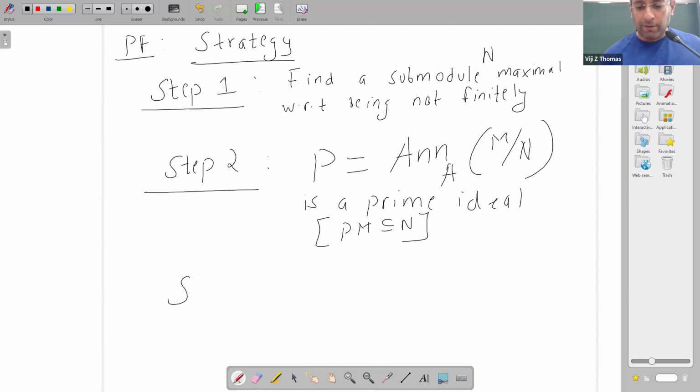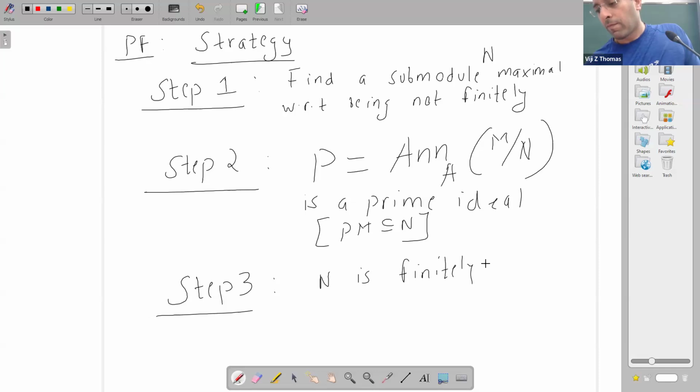Last step: we will show that this N is finitely generated. This will give the required contradiction, because our N was not finitely generated; it is maximal among submodules that are not finitely generated.